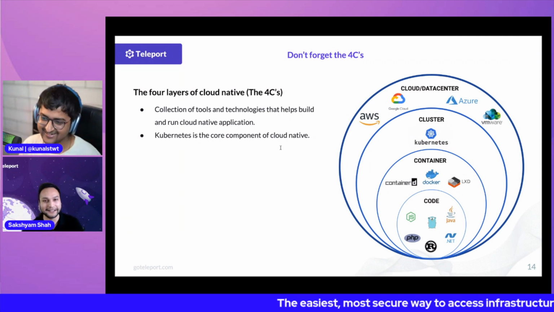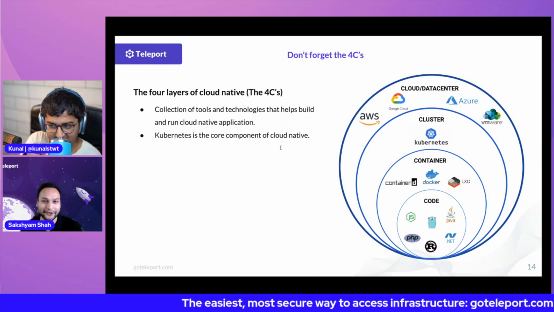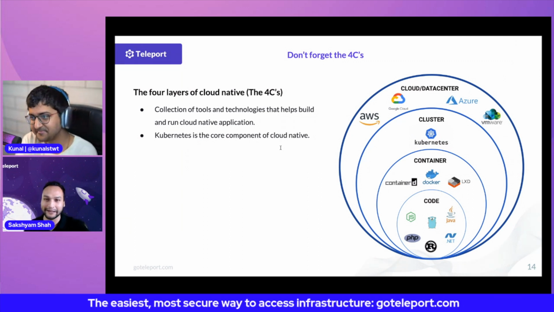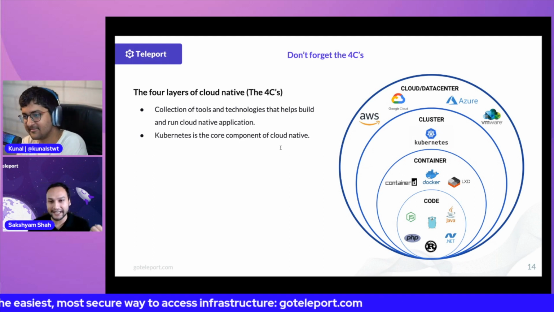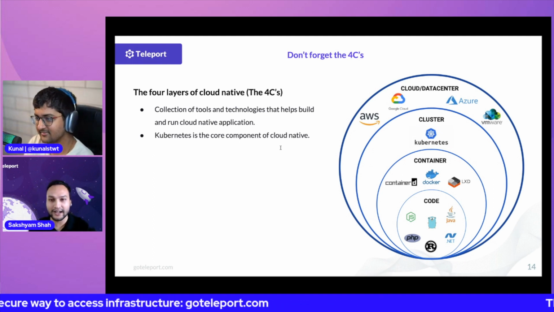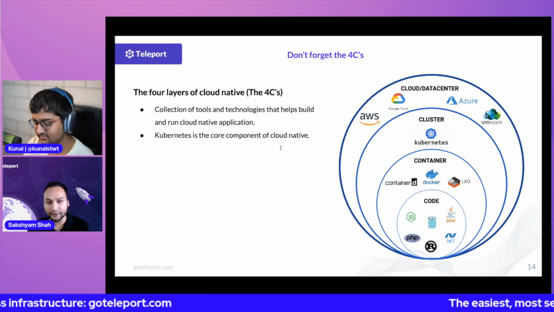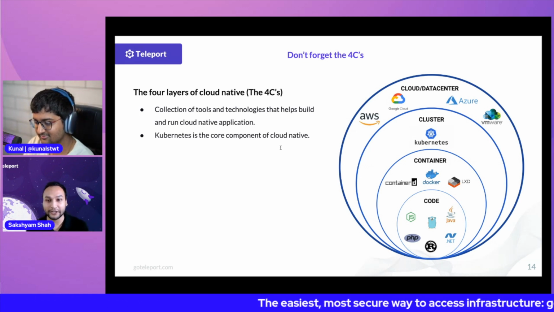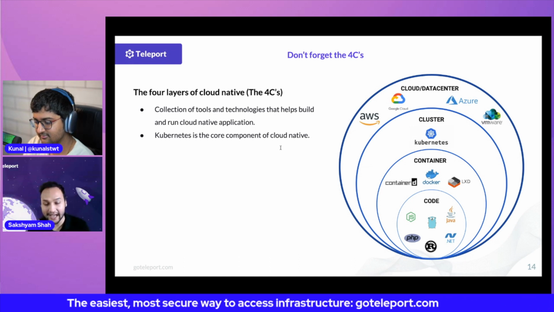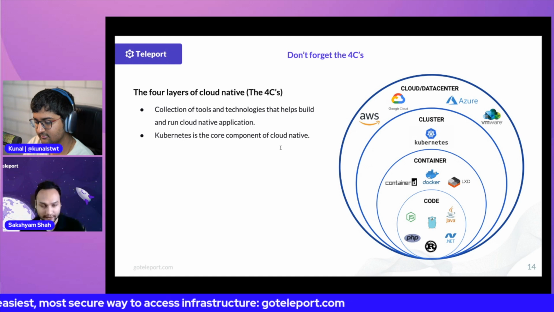Talking about Kubernetes security, it's incomplete if we don't talk about the four C's of cloud native, right? So Kubernetes itself sits in one layer. And when you speak about security, you have to think about security of the data center that Kubernetes itself is hosted on. And you have to think about the containers and code that runs on top of Kubernetes.